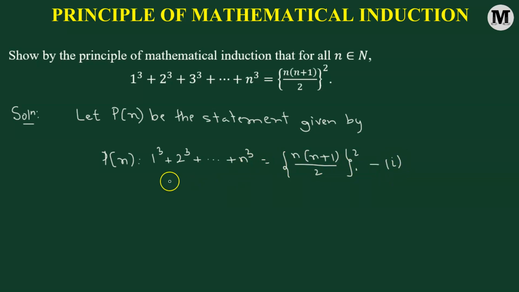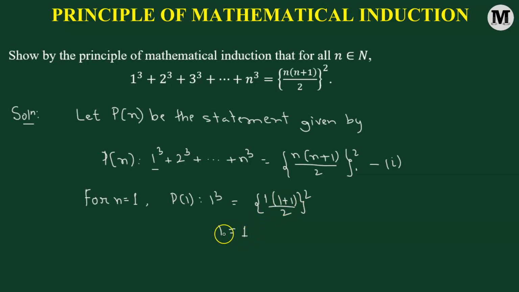Right. Now how do we show that it is true for all natural numbers? If we choose the n value to be equal to 1, for the first natural number 1, P of 1 is simply going to be 1 cube. All we have to do is consider the first term, and this is going to be equal to 1 multiplied by 1 plus 1 divided by 2, and then we square it. 1 cube is simply 1, and 1 times 1 plus 1 over 2 is also 1.